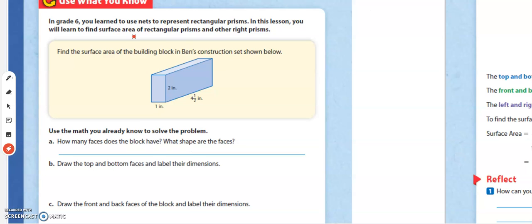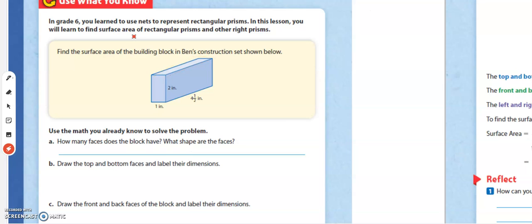Let's see, what shape is this? When we're dealing with prisms, a three-dimensional object of some sort, it's named after the polygon that is on the base. In this case, all the sides are the same basic shape. This is a rectangle, this is a rectangle, another rectangle.